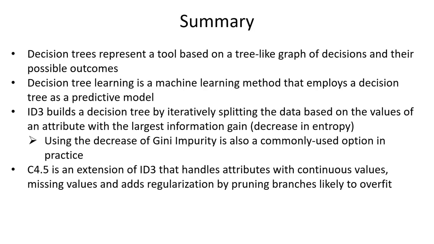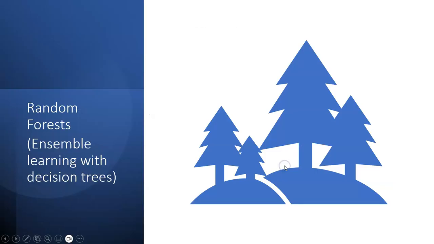Using the decrease of Gini impurity is also a commonly used option in practice. C4.5 is an extension of ID3 that handles attributes with continuous values and missing values, and adds regularization by pruning branches likely to overfit. These are the summary of this whole chapter.